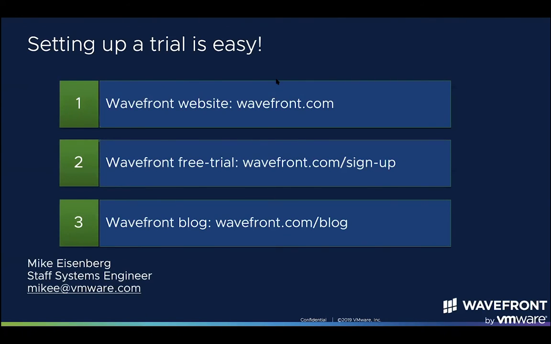Next question is, Wavefront only provides metric-based monitoring. What are the options for external monitoring like ping or HTTP checks? We can use the Telegraf agent to do a ping test or an HTTP check as well.